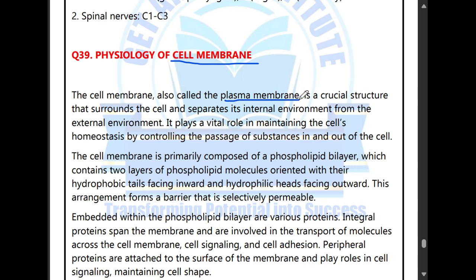This plasma membrane is a very critical structure which surrounds the cell and separates the internal environment from the external environment. The cell membrane controls the passage of substances in and out of the cell.